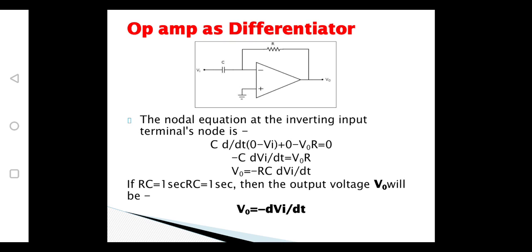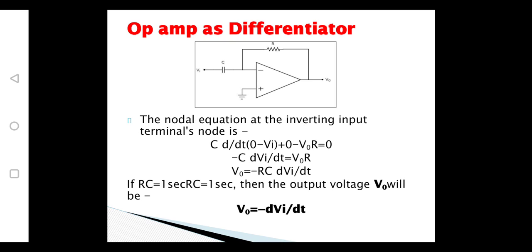According to the virtual ground concept, the voltage at the inverting terminal is equivalent to 0, because the voltage at the non-inverting terminal is equal to 0. We can write the current flowing through a capacitance as the capacitance times the derivative of the difference of the voltages.